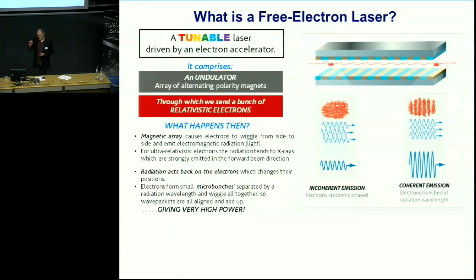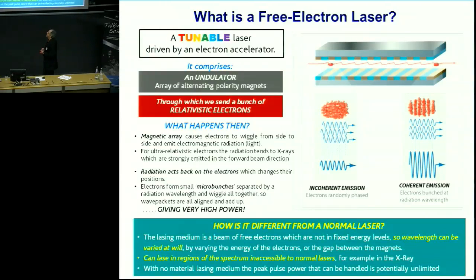In an X-ray FEL, it's so intense that the radiation acts on the electrons by the wonderfully termed ponderomotive force, and it forces them to bunch up together with the radiation itself. So the electrons end up forming microbunches separated by a radiation wavelength, and that gives you coherence, and immense power squashed into a very short time frame.